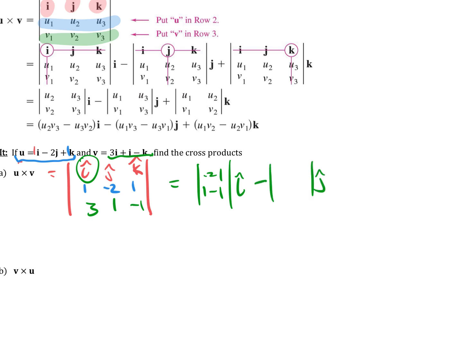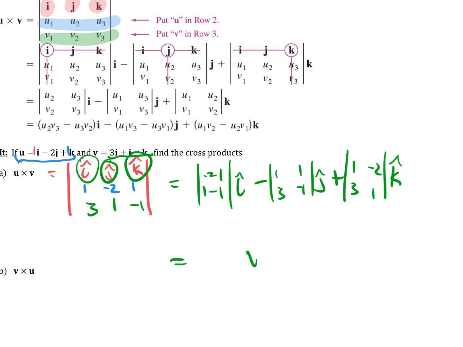The determinant is, so now we got our J, and so it's going to come from 1, 3, and 1, -1. 1, 3, 1, -1. And last but not least, our K vector. And then that's going to be times 1, 3, -2, 1. Okay. And now we can evaluate this.